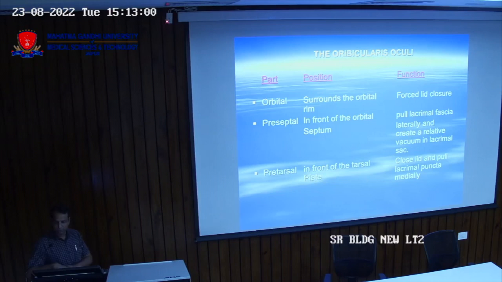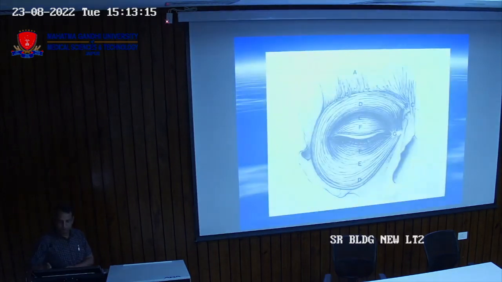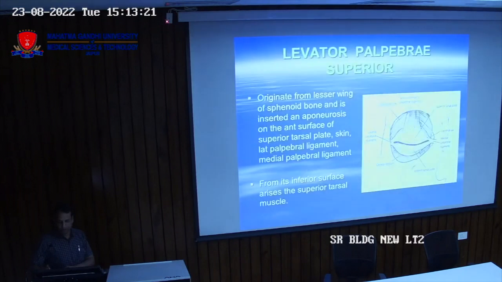The preseptal pulls the lacrimal fascia laterally and creates a relative vacuum in the lacrimal sac, which helps in the drainage of tear film. And the pretarsal part closes the lid and pulls the lacrimal puncta medially. So these are the three parts of the orbicularis oculi.